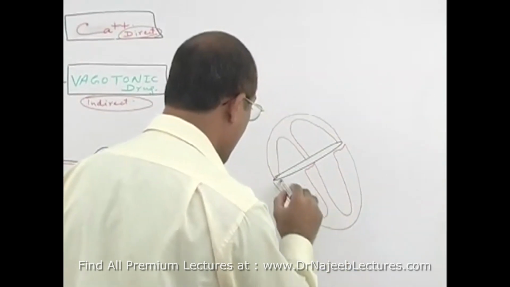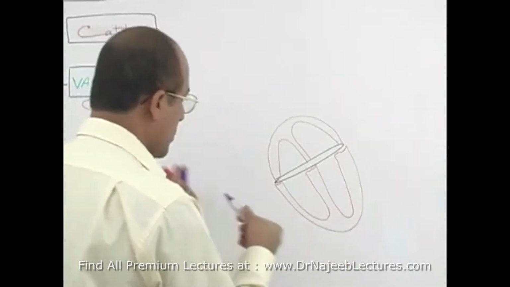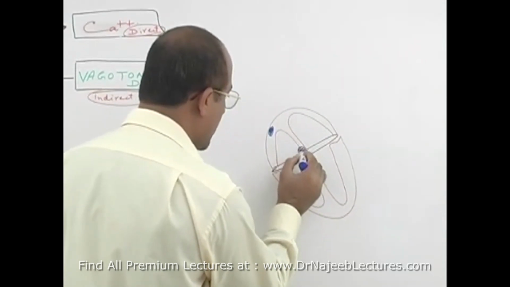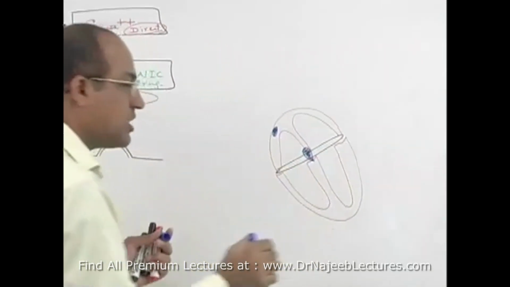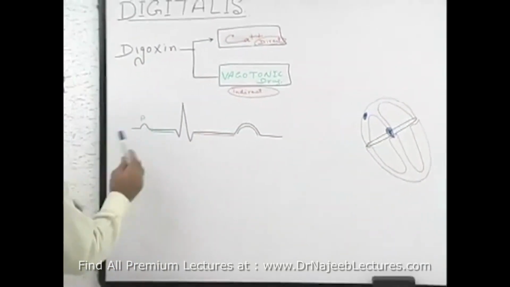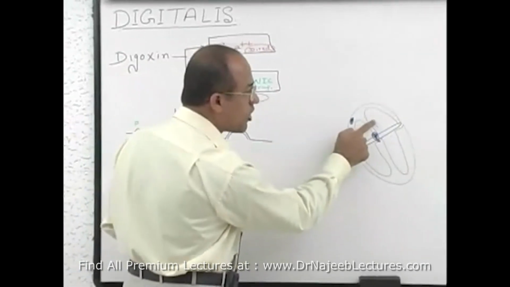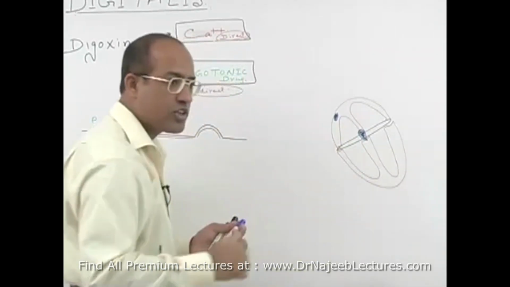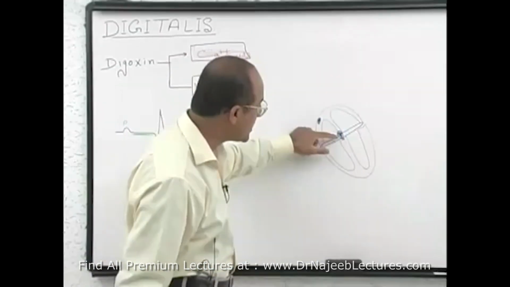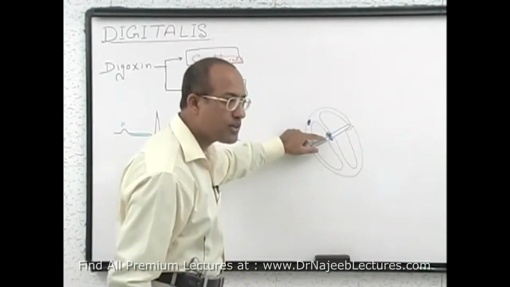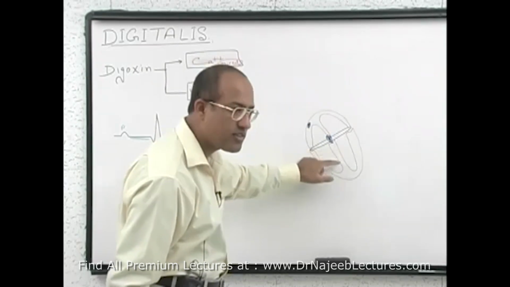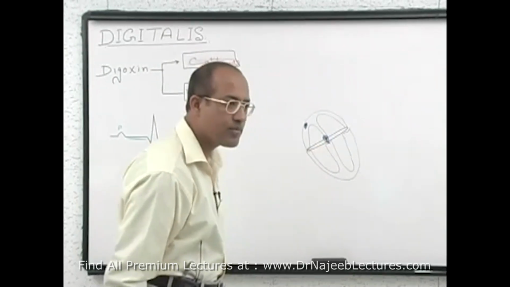On a digitalized heart, are SA node and AV node stimulated or inhibited? Inhibited due to indirect vagotonic action. So the first thing will be, when you digitalize the patient, vagus is inhibiting the AV node. If an AV node is inhibited, will it take shorter time to conduct the impulse down, or longer time?